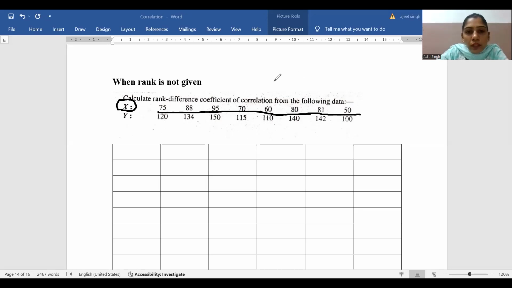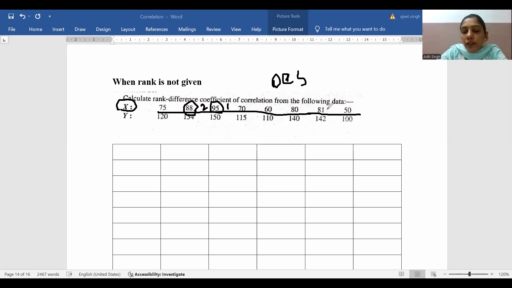We assign rank 1 to the highest value, which is 95. The next lower value is 88, so we give it rank 2.